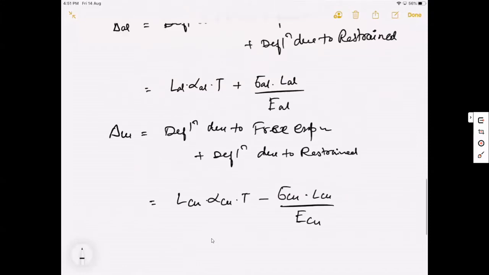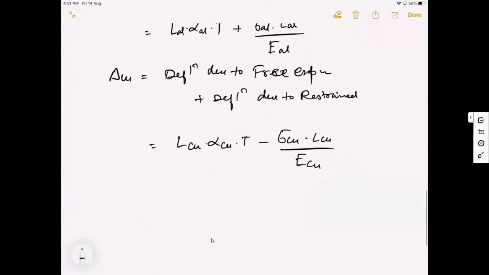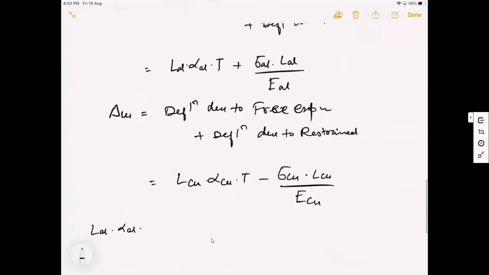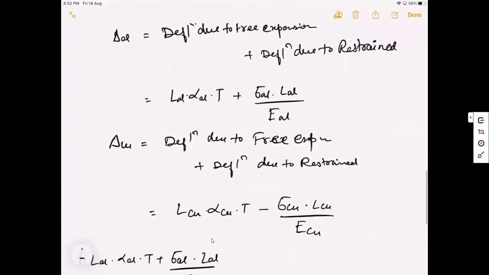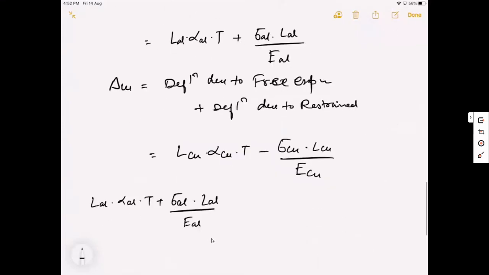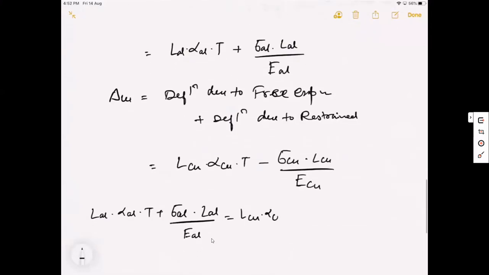Now putting all these values in equation 2, it will come out to be L AL into alpha AL into T plus sigma AL into LAL upon EAL. This is my deflection of aluminium, which is equal to the deflection of copper, that will be LCu alpha Cu into T minus sigma Cu into LCu upon ECu plus 0.18.